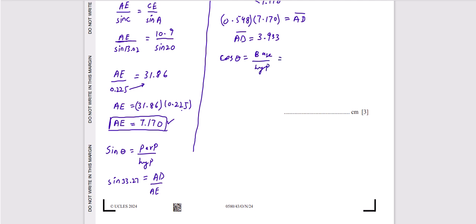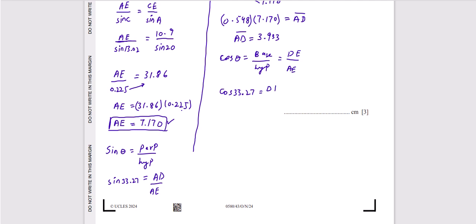The base is DE and the hypotenuse is AE. Cos, the angle is 33.27. We have to find DE.